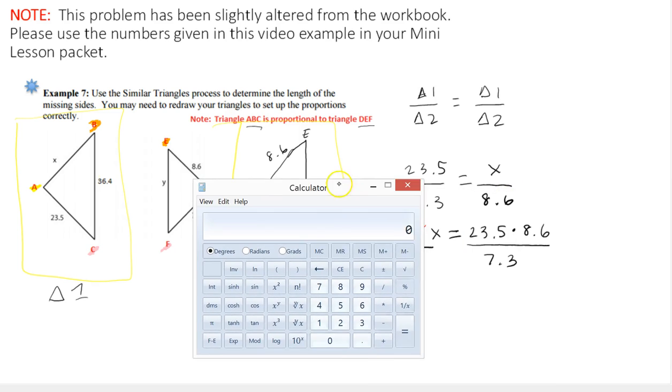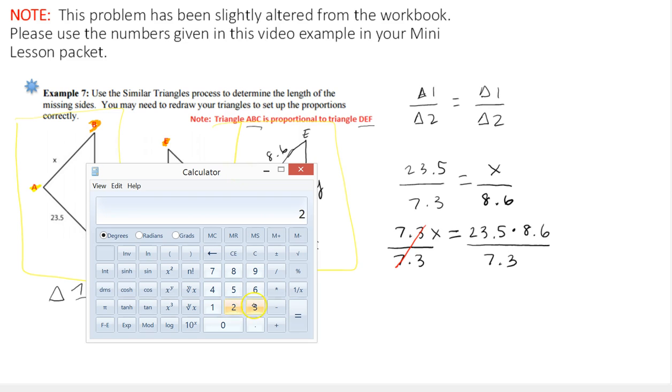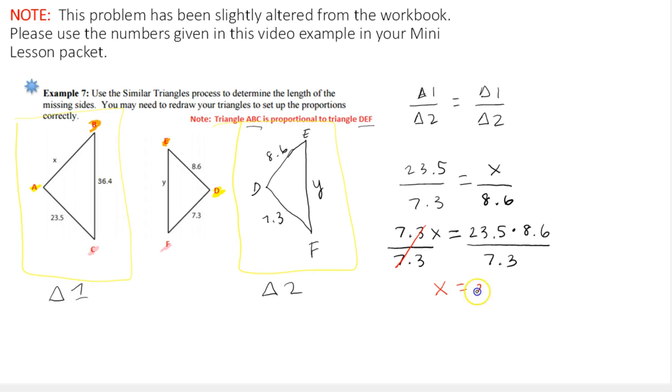So let's do this on the calculator. 23.5 times 8.6 divided by 7.3 equals this. It didn't say what to round it to, but since all of the decimals that we had in the problem thus far were 1 decimal place, that's what I'm going to use here. So here's the tenths, the hundredths is 8, so I'm going to round up to 27.7. So x equals 27.7. We found one side of the triangle, and I'm just going to label this up here, 27.7.